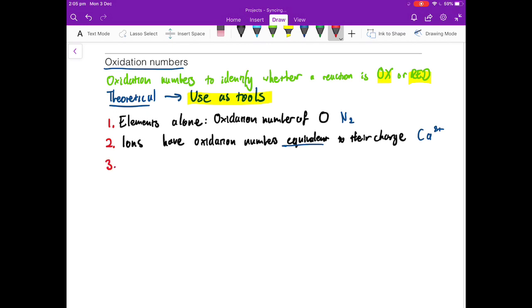Now here's number 3. Oxygen is usually assigned an oxidation number of -2. However, there are some exceptions, and these exceptions are: number 1, the main exception for oxygen, is if it's found in a peroxide compound.